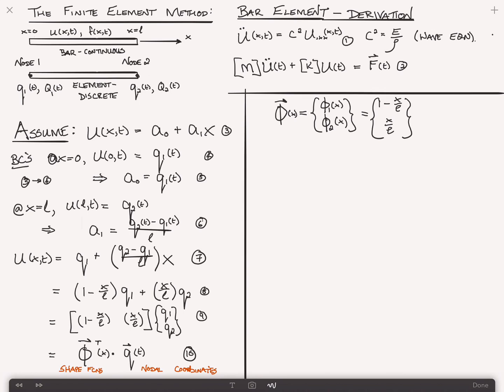It turns out that these shape functions are not the exact correct functions, because we know from the exact solution that this should actually be sine and cosine. But as long as the shape functions are admissible, which basically means it adheres to all boundary conditions, and there's a rigorous mathematical definition for this, then any shape function that does that is suitable.